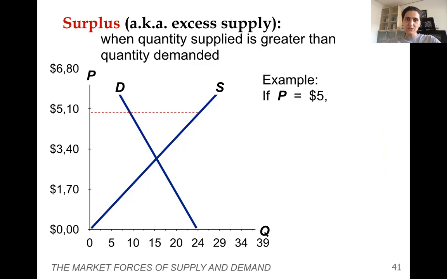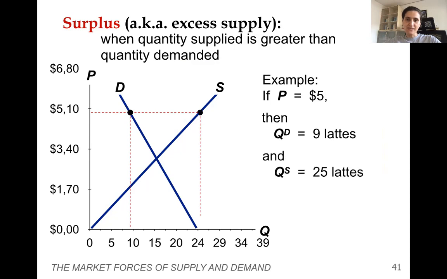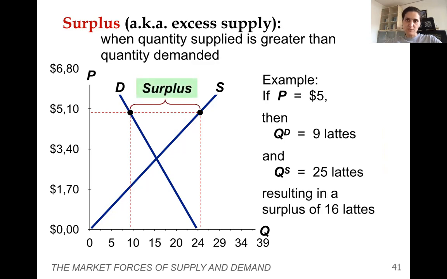For instance, if price is 5, quantity supplied will be higher than quantity demanded. The difference between quantity supplied and quantity demanded is the surplus.